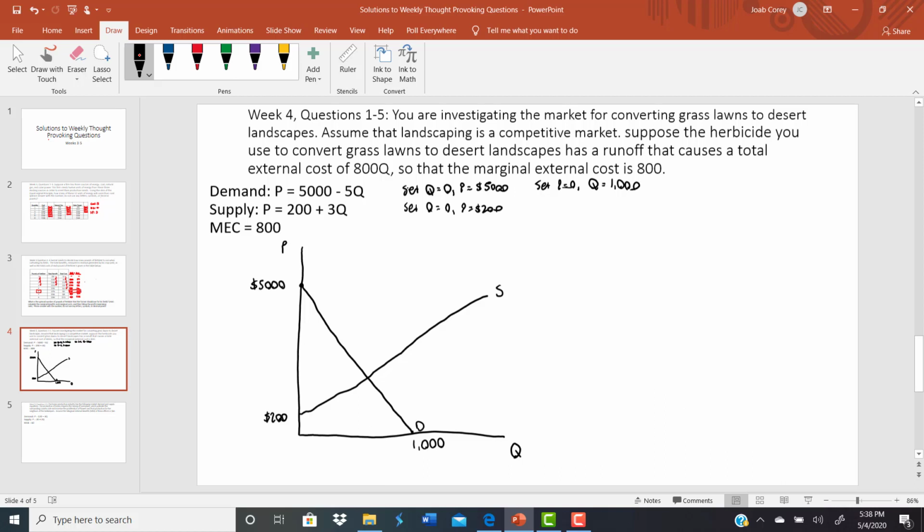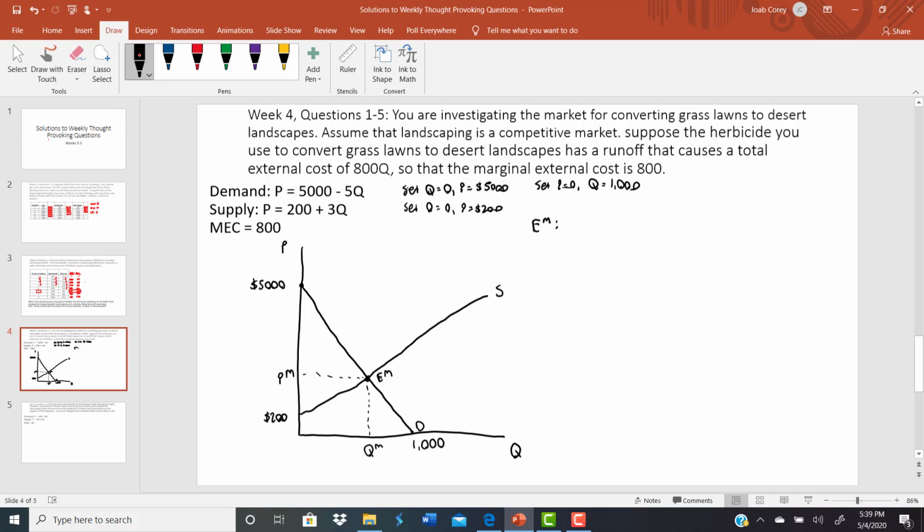Again, we're going to have an intersection here. This is going to be our market equilibrium that produces this much at this price. If you want to solve for it, you just have to set supply and demand equal to each other.